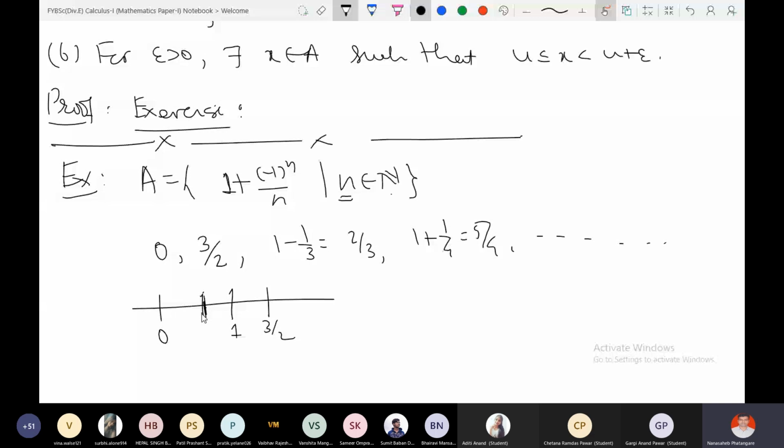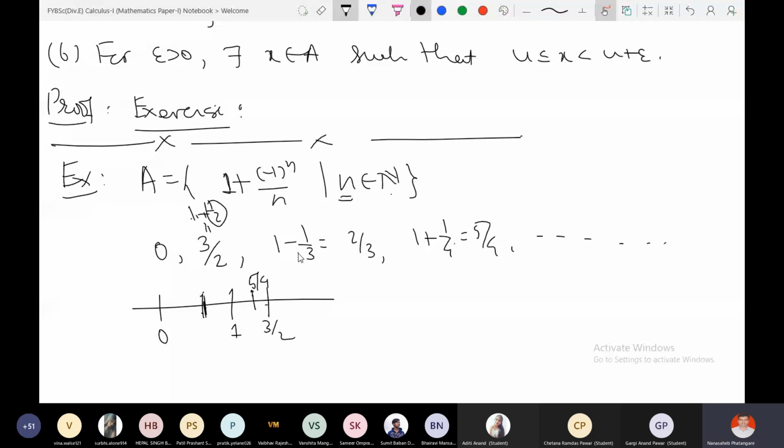What is the fourth element? 1 plus 1 by 4. But what is the second element? 1 plus half. That means in the second I am adding half, in the fourth element I am adding 1 by 4. So where is the position of 5 by 4 now? Between 1 and 3 by 2. Very good. It is 5 by 4 because we are adding a smaller amount to 1 next time.